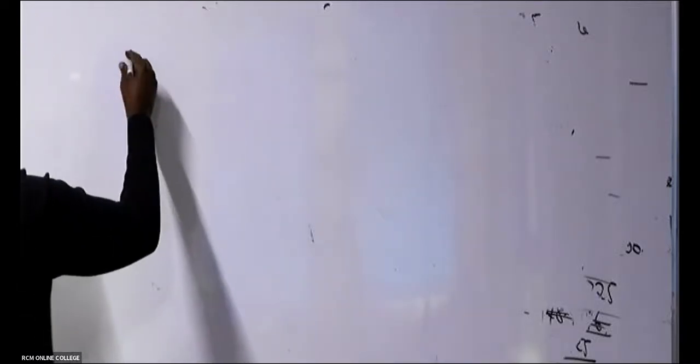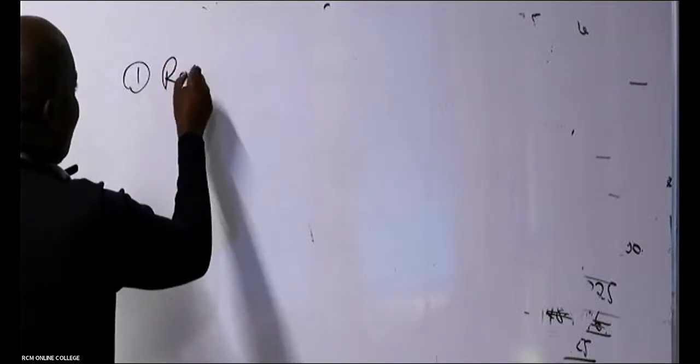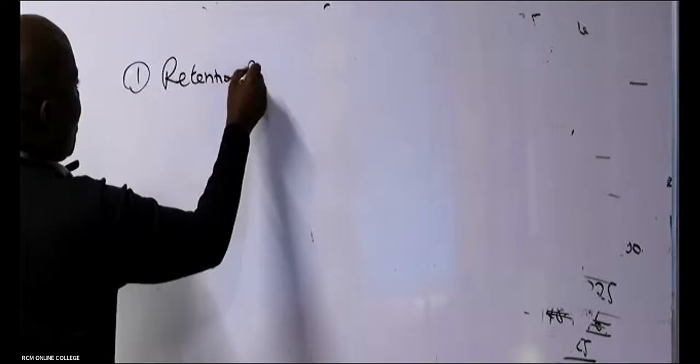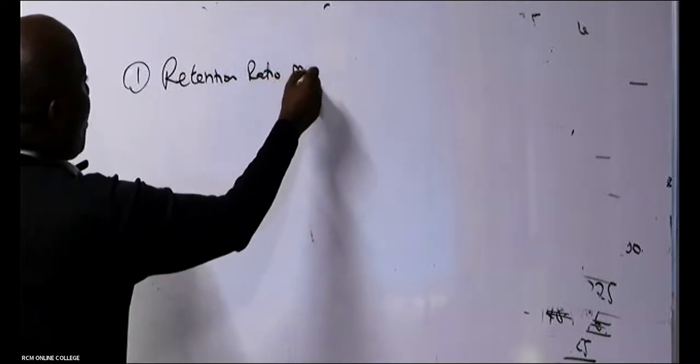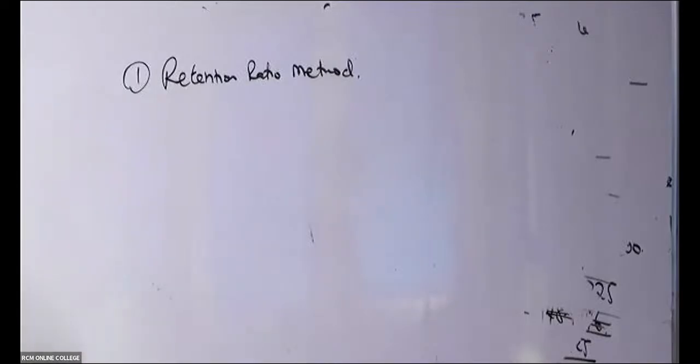So number 1, we have what we call the retention ratio method. That's number 1.